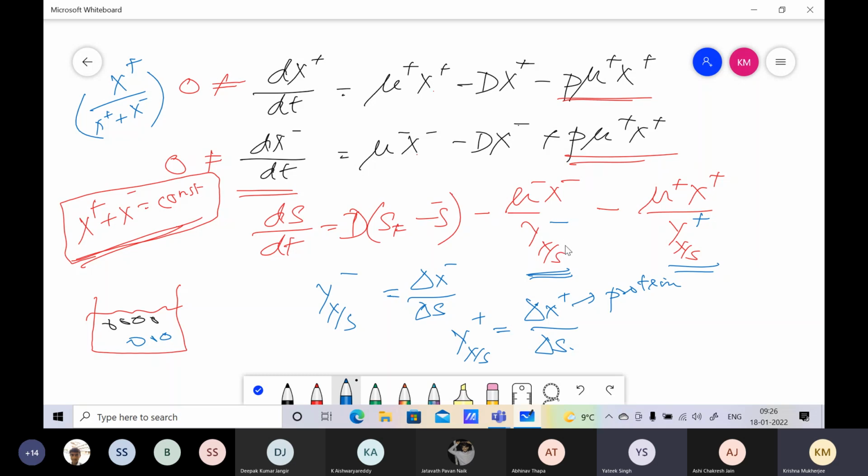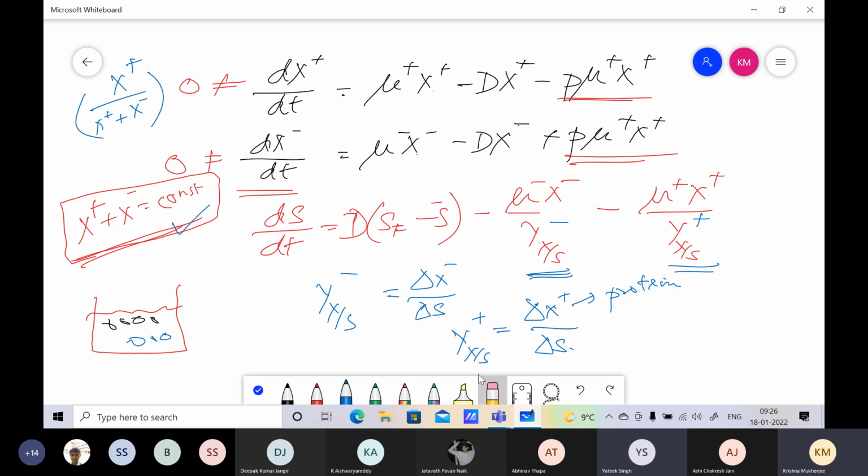But you can well imagine that Yx minus and Yx/s plus may be unequal. If the yield is higher, then of course the cell density will rise, because now the cells will be utilizing substrate more efficiently. But suppose they're equal, then this basic equation is fine.